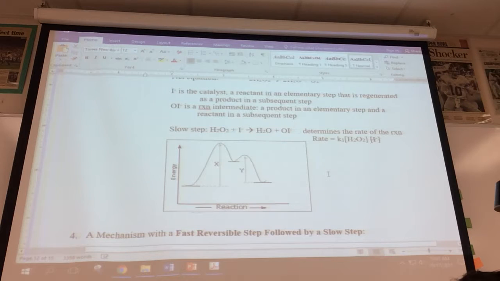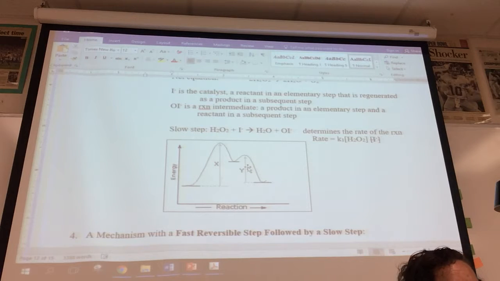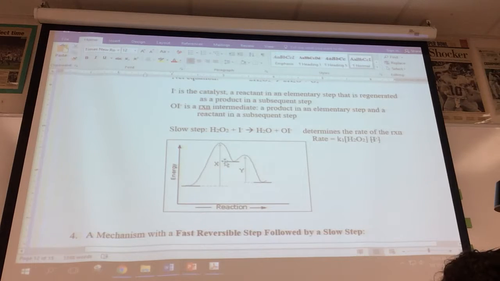I was trying to cover it, but it's making a mess. If you looked at this profile, how could you tell from the profile alone that the first step is the slow step? Because it has a higher activation. Exactly. It has a higher activation energy. So from the profile, you would know the first step is slow.